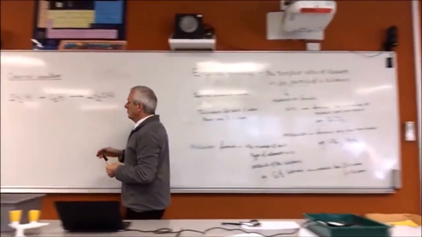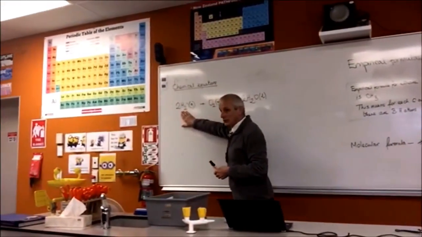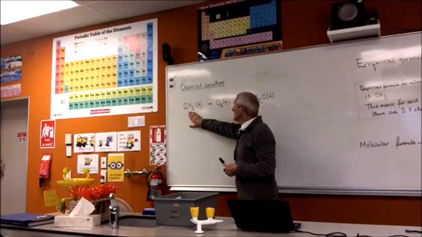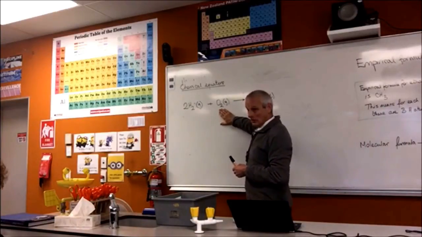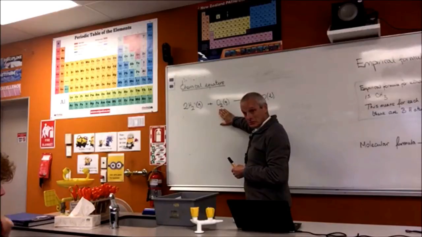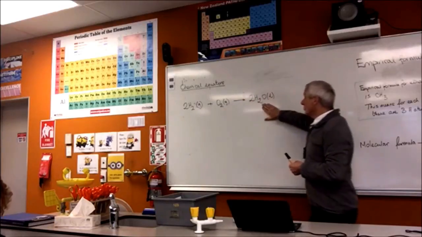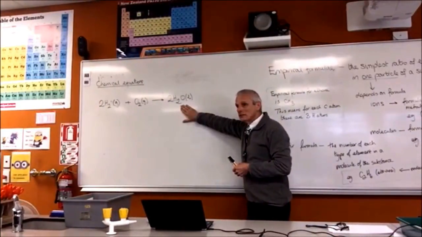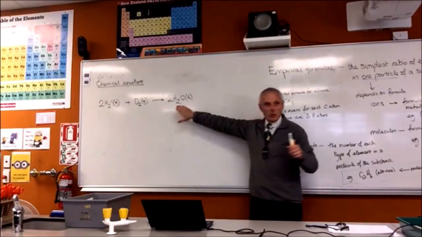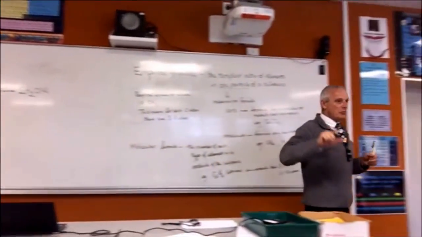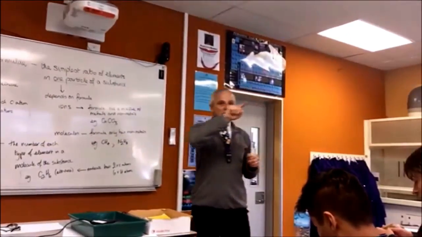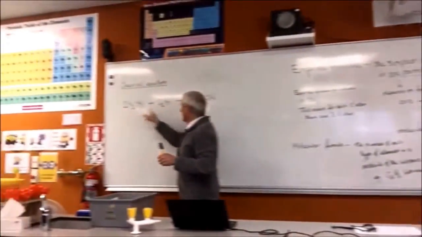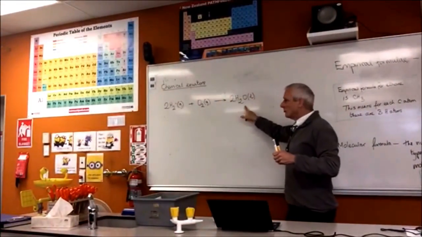We're taking two particles of hydrogen and reacting them with one particle of oxygen, and we're making two particles of water. That's a very important point, because it's giving us the ratio of each of the species in that reaction. I need two of these for one of those to form two of those.